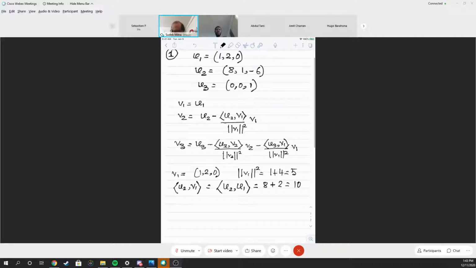So V2 is U2 minus 10 over the norm of V1 squared, which is 5, times V1, which is U1.